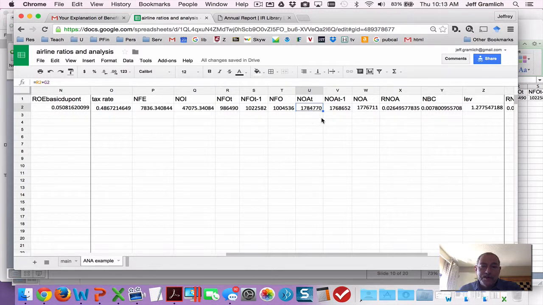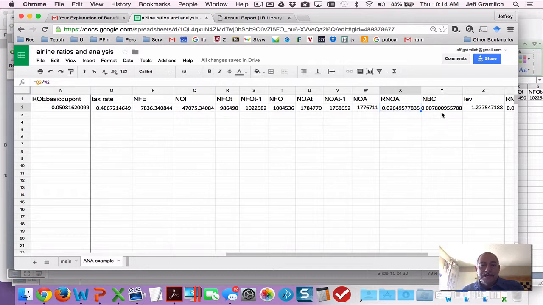And then we do the same thing for the prior year. So we have the net financial obligations for the prior year, that's S2, plus H2, which is the common equity for the prior year. And then to get the average, we add them together and divide by 2. When we do the RNOA, we take the net operating income, Q2, divided by W2, net operating assets, and that gets us the RNOA.